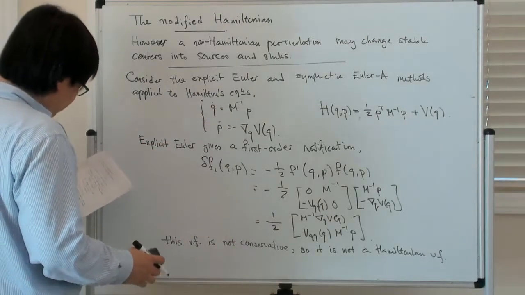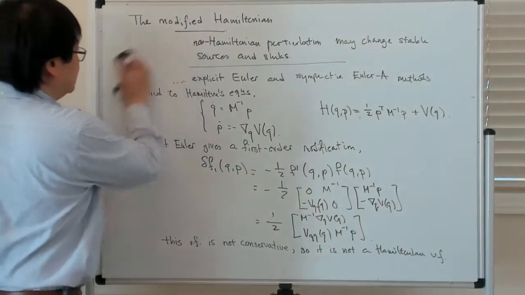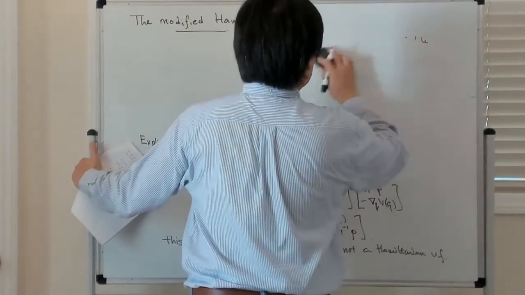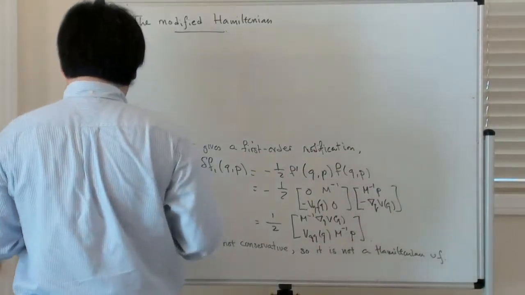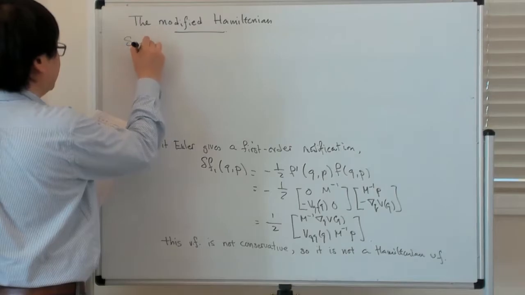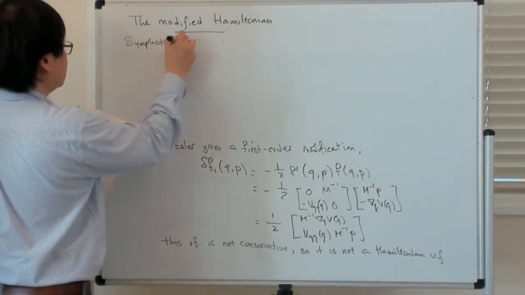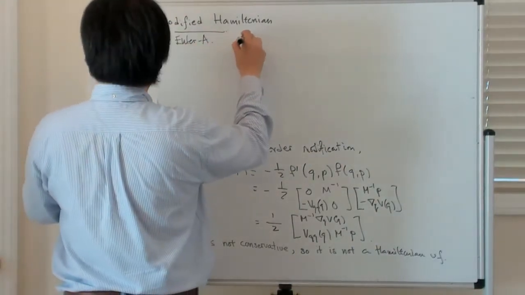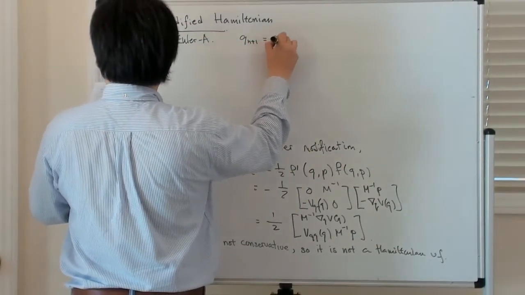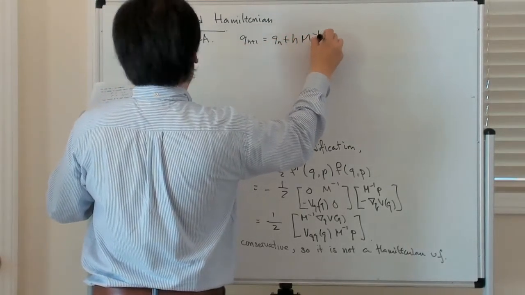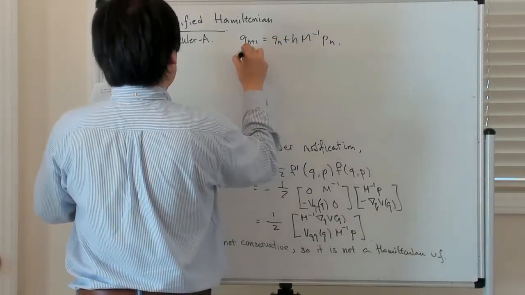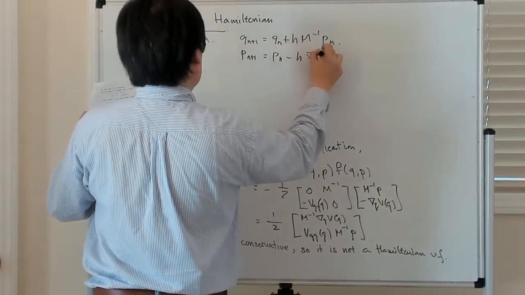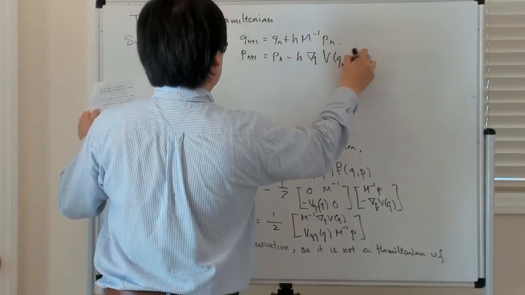So let's see what happens if you used symplectic Euler A instead. So if you had symplectic Euler A, then it says that q_{n+1} is equal to q_n plus h M inverse p_n, and p_{n+1} is equal to p_n minus h gradient of the potential evaluated at q_{n+1}.